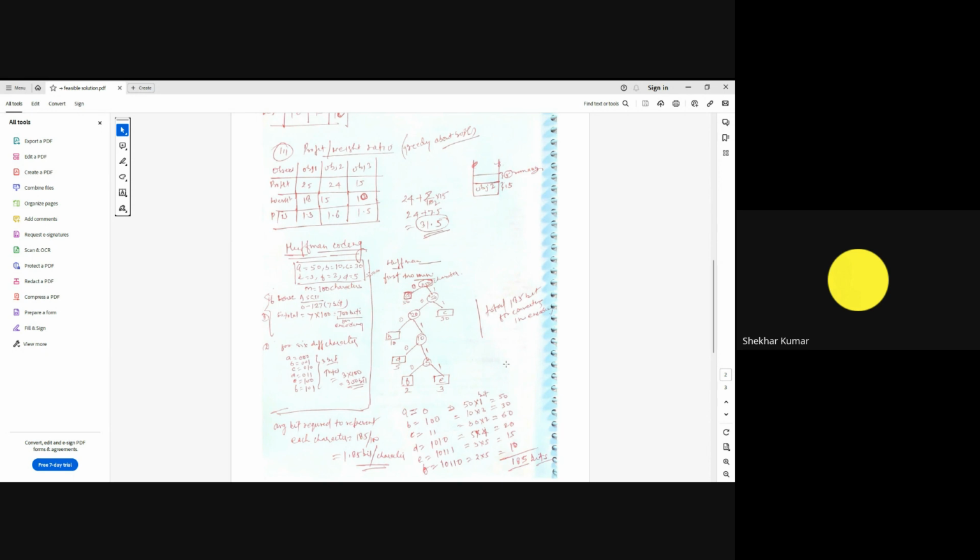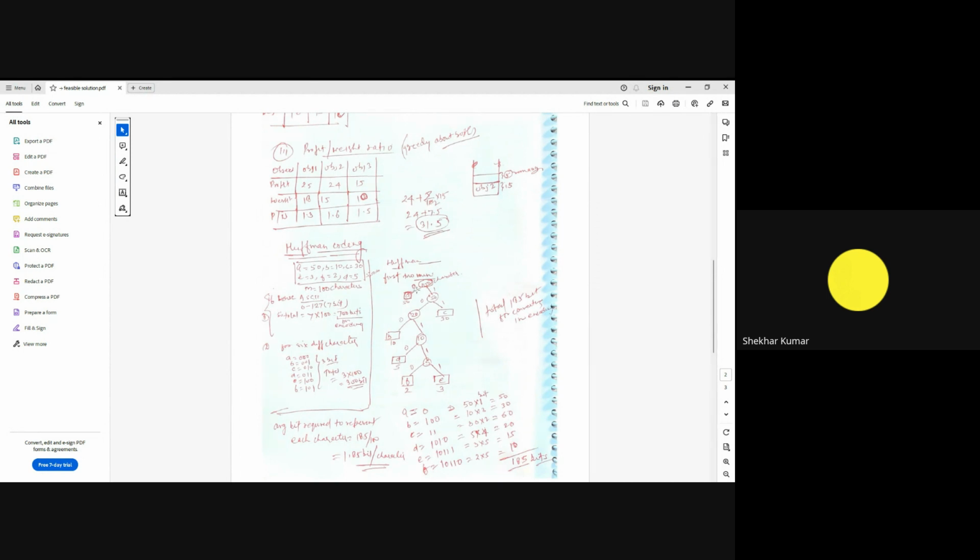There are 6 characters and I'm assigning the code on the basis of this Huffman tree. How will I assign? I will assign from the root. From the root, I count how many bits I take to traverse to that location.